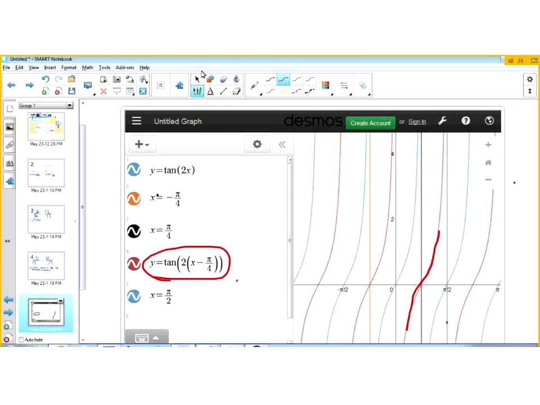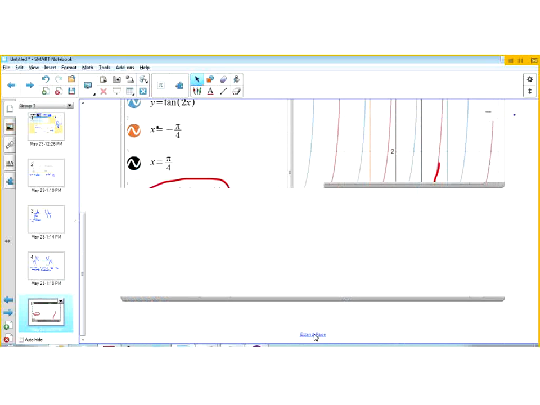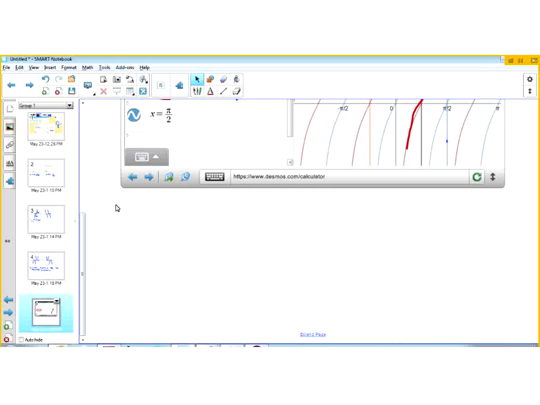All right, so here's how you deal with that. I'll write it here. Extend the page.